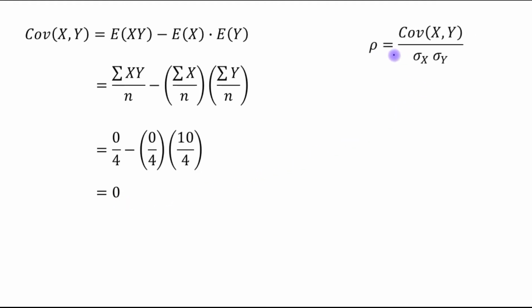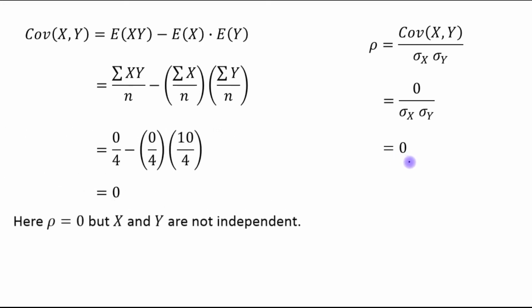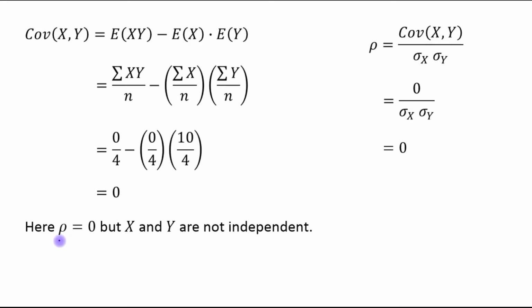Now correlation coefficient is equal to covariance upon sigma x sigma y. In the next step we can write it as 0 upon sigma x sigma y because the value of covariance is 0. So the value of correlation coefficient is also 0. Here correlation coefficient is 0, but x and y are not independent.